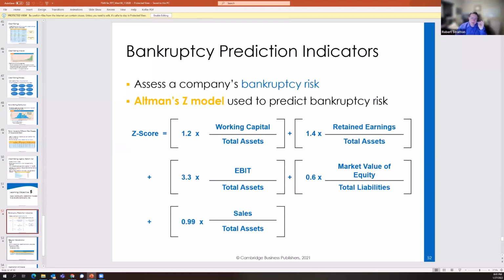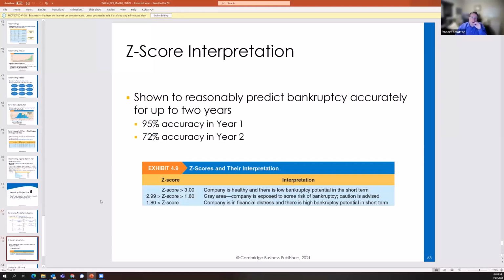And then it turns out the Z-score becomes an extremely solid predictor of solvency within the first year. So if your Z-score is above 3, you're very unlikely to go insolvent within the first year. As that Z-score goes down, the more likely a bankruptcy is. Very accurate within a year, and the accuracy diminishes quickly farther on in time.